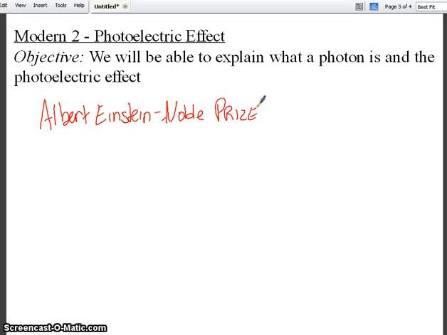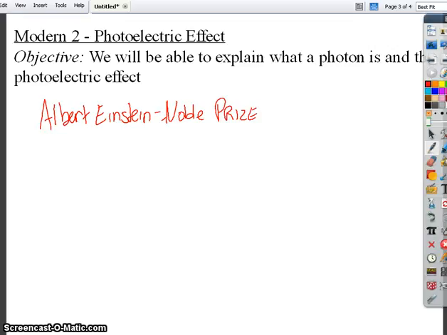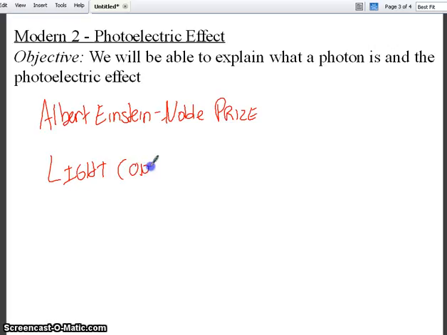But the photoelectric effect is what he received his Nobel Prize in. Basically, the idea of the photoelectric effect is what gave evidence that light consists of photons. This idea of the photon.